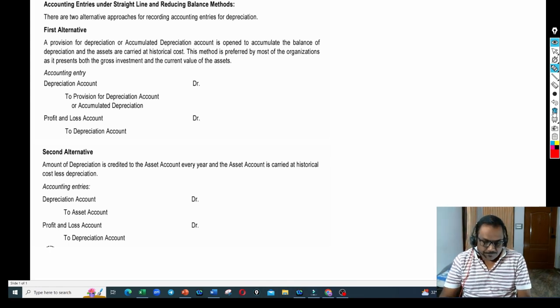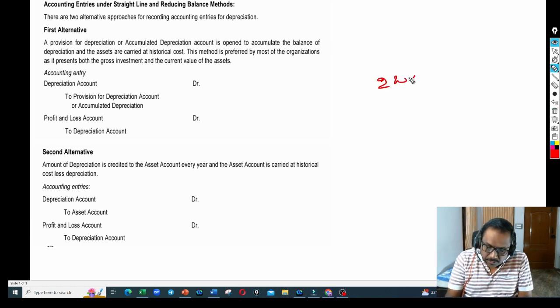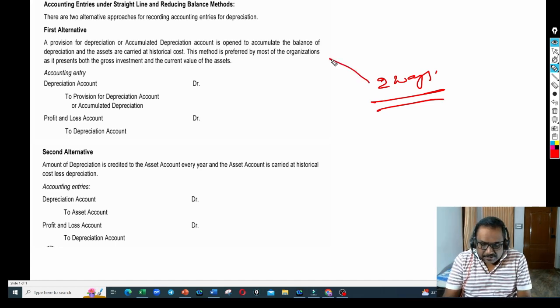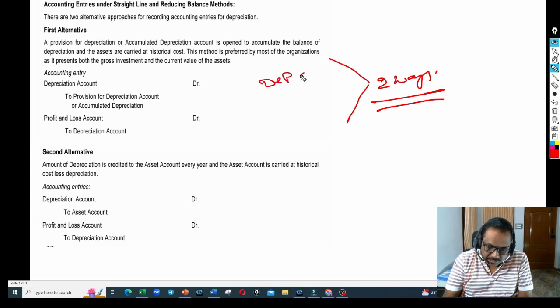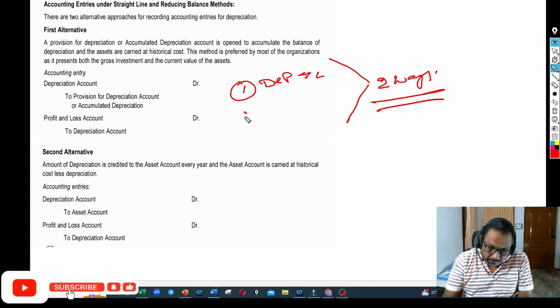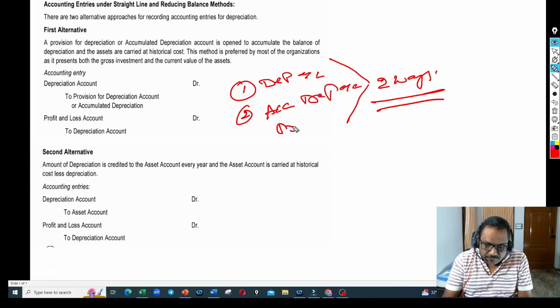Okay, friends, let us talk about the journal entries first. There are two ways of showcasing journal entries. When I say two ways, there are companies that will create a depreciation account in master data, and they will also create an accumulated depreciation account or provision for depreciation account.